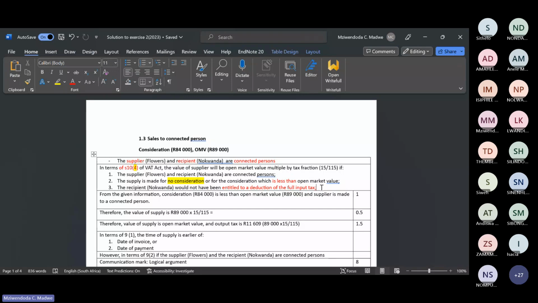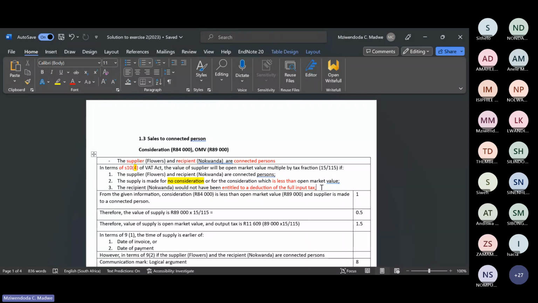That indicates that Nogwanda is not able to claim a full input deduction. So if he buys at 100% and incurs a VAT input of 100%, he is only able to claim 60%.